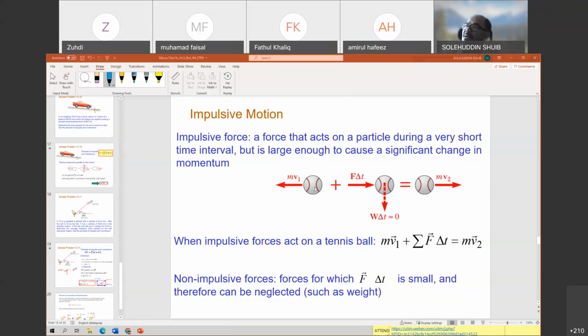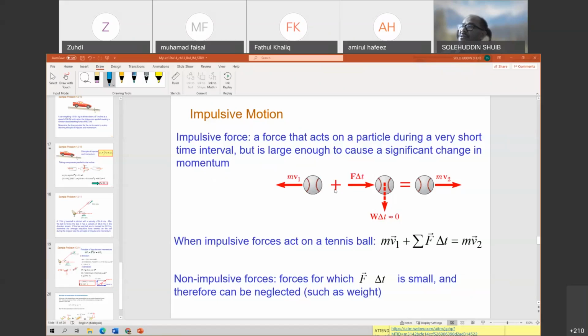Impulsive motion is basically a force that acts on the particle during a very short period of time. Someone throws you the ball and you hit the ball in a very short time interval, but it's large enough to cause a significant change in momentum.